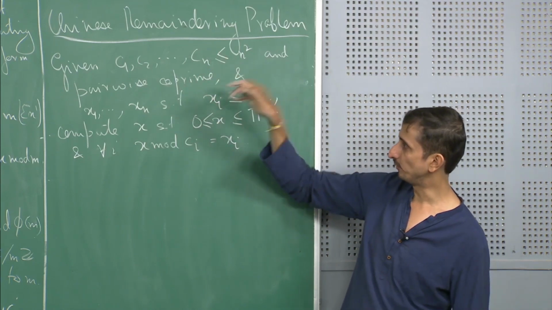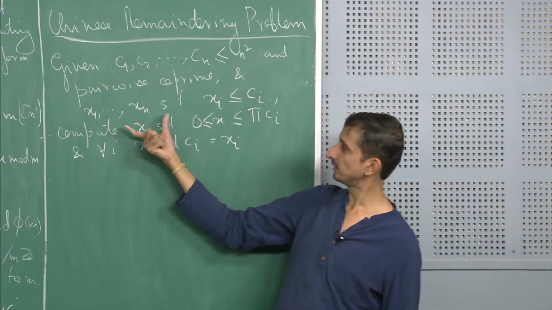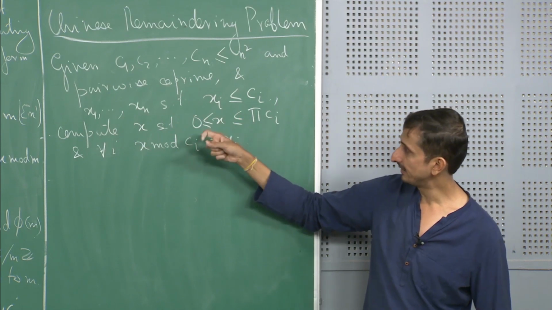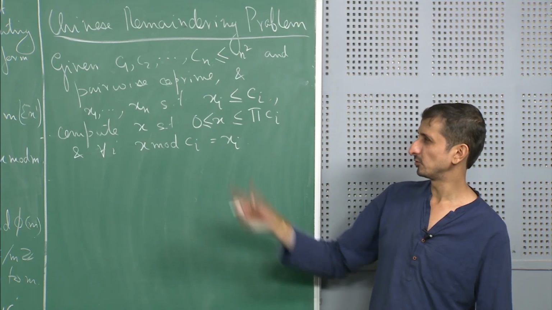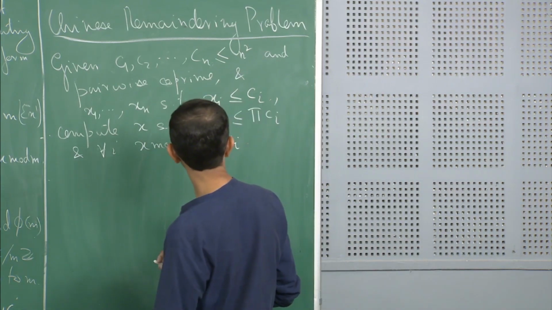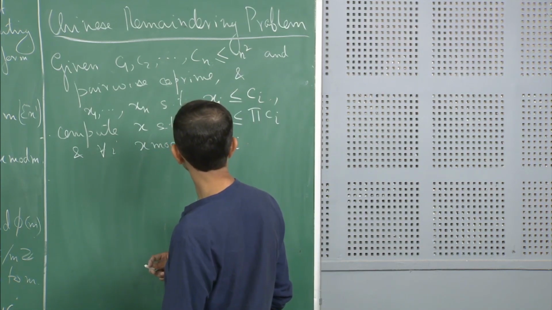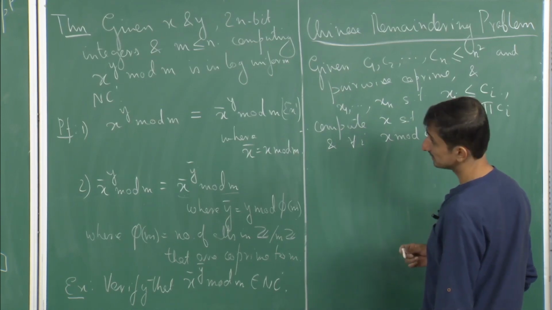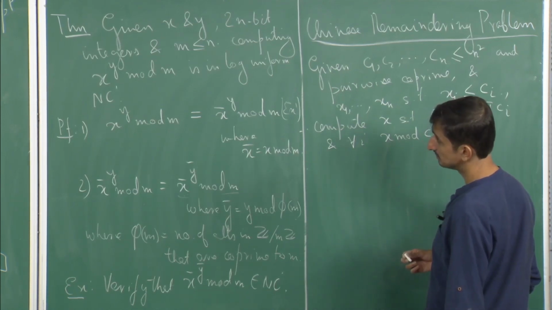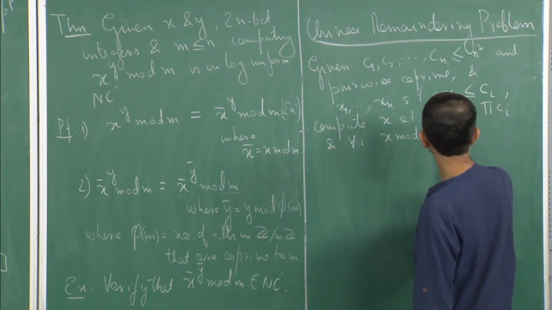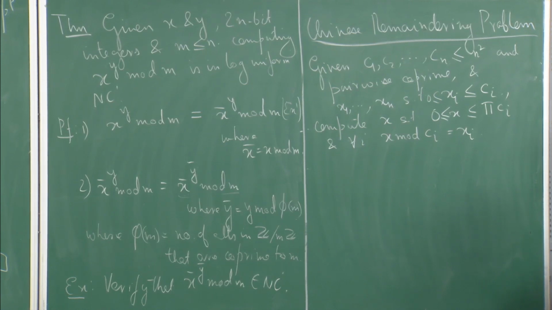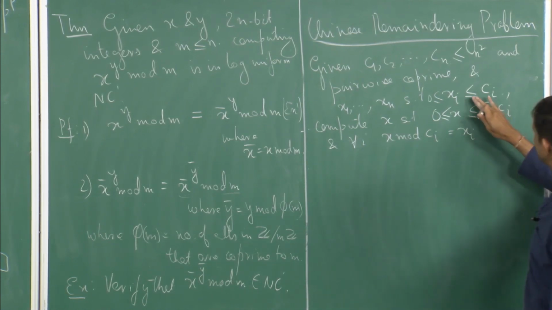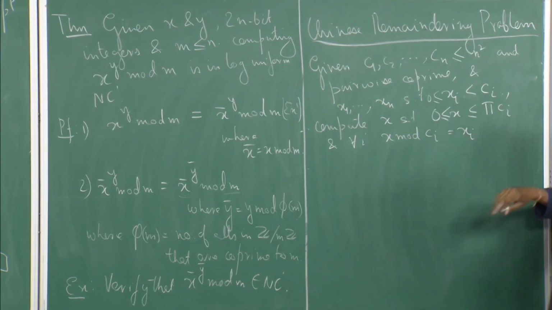You are also given another set of n integers such that each xi is less than ci. Let's assume it is strictly less than ci; I don't think it matters.